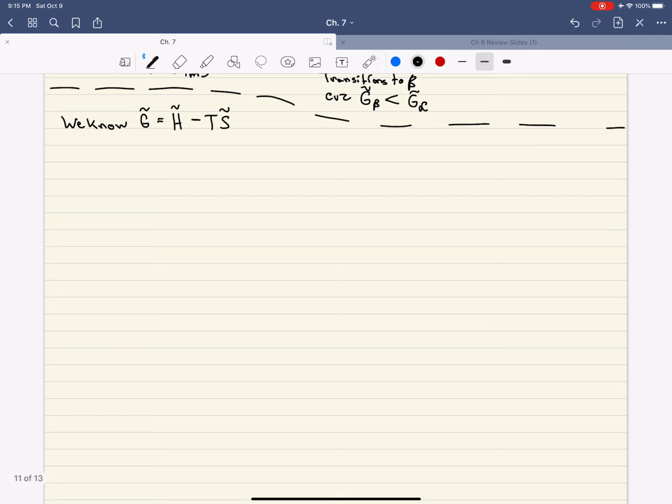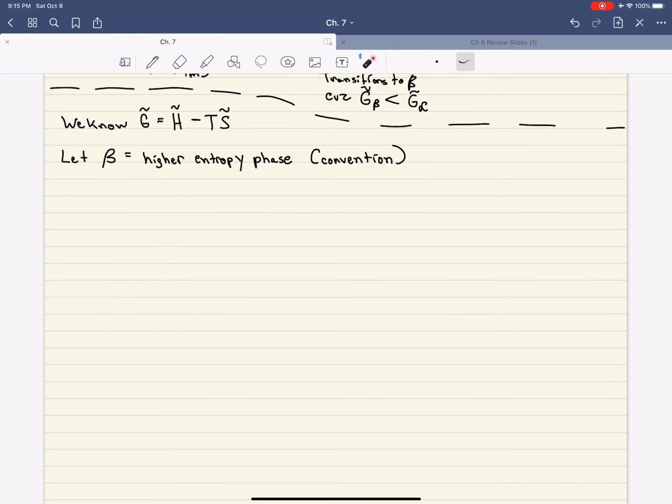All right, and so when we think of the beta phase, we're going to assign the beta phase as a phase that has higher entropy. Okay? And this is just by convention. And so, for example, if we were looking at the transition from a solid to a liquid, liquids have higher entropy than solids, so the beta phase would be the liquid.